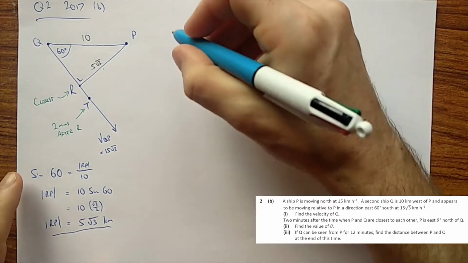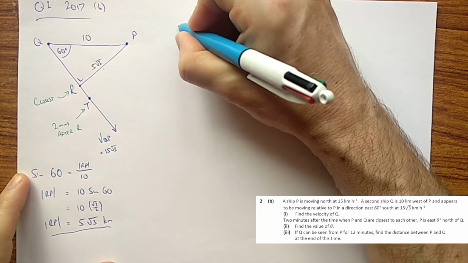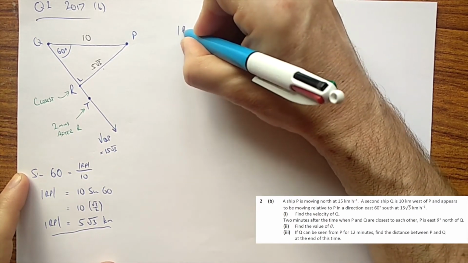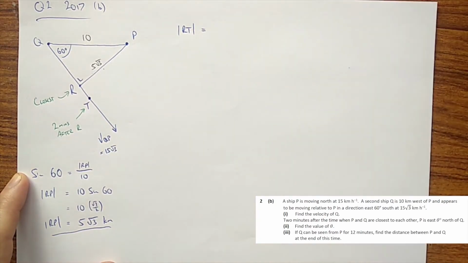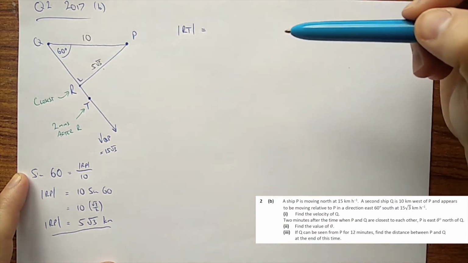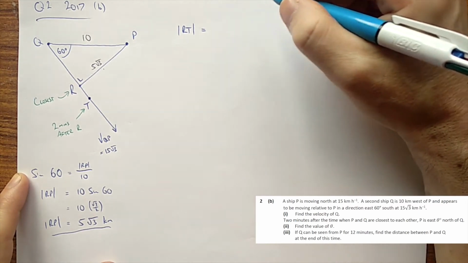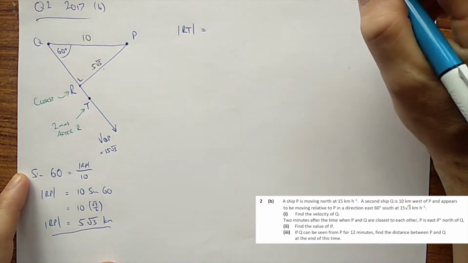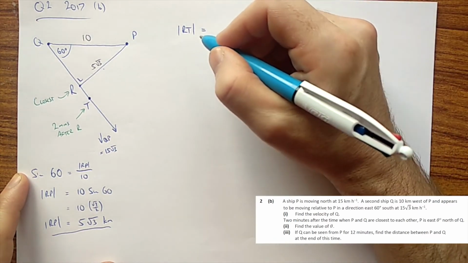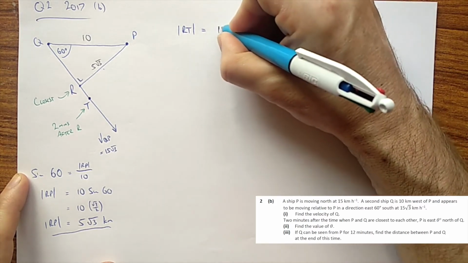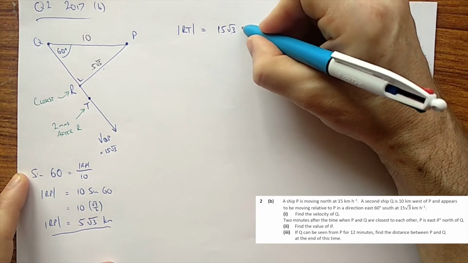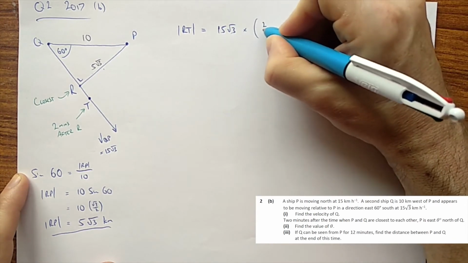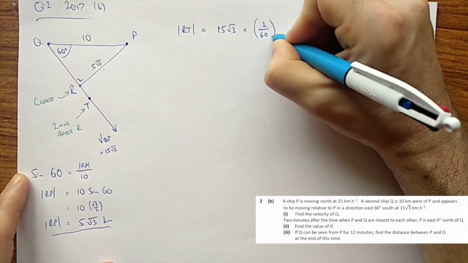So for ORT, well, it's going at 15 root 3 kilometers an hour, and we are going to look at 2 minutes out of 60 minutes in the hour.